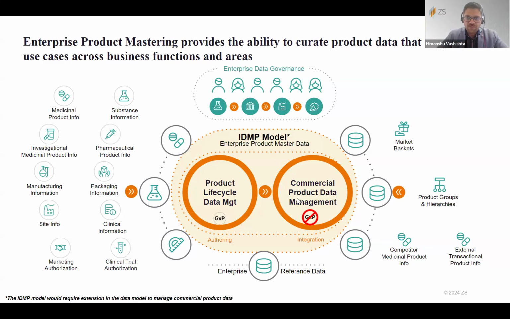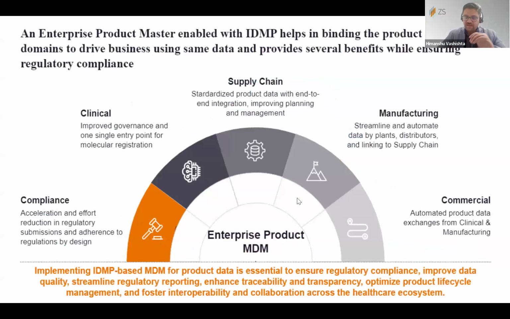If I move on, benefits I think I've covered: it spans different domains, compliance, and accelerates effort in submissions and clinical. It improves governance because if we want to track or trace product information, I just need to go to MDM and backtrack from the pharmaceutical product to its ingredient or molecule stage.